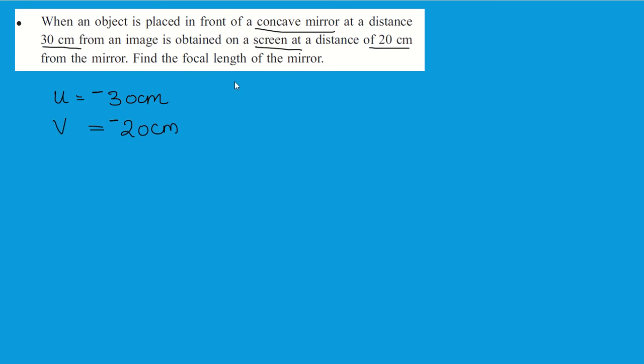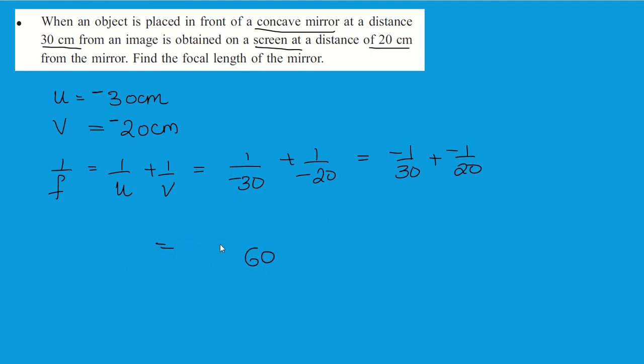So what is to be calculated? Focal length. It's a direct question. So 1 by F is equal to 1 by U plus 1 by V. 1 by minus 30 plus 1 by minus 20. So that is equal to minus 1 by 30 plus minus 1 by 20. So LCM is 60.